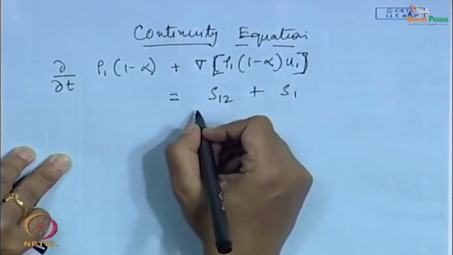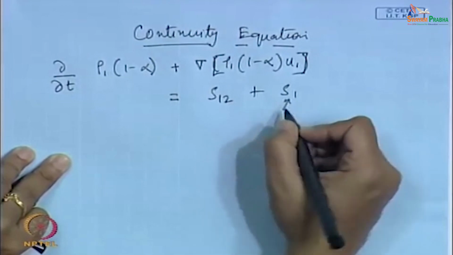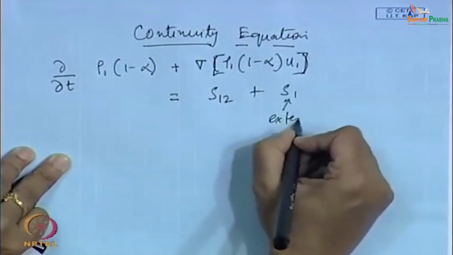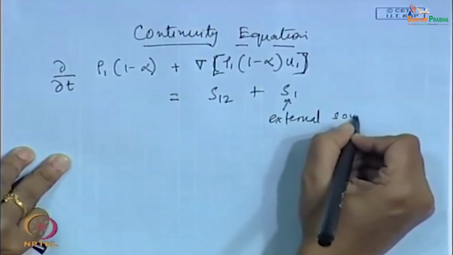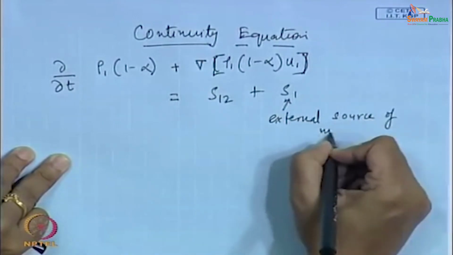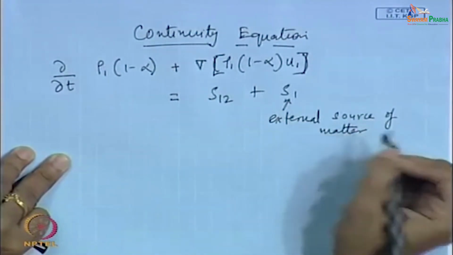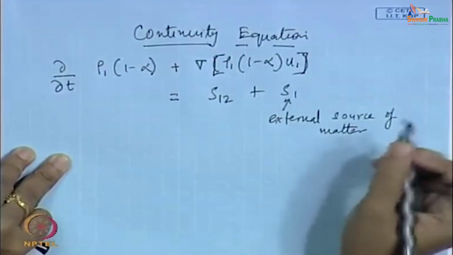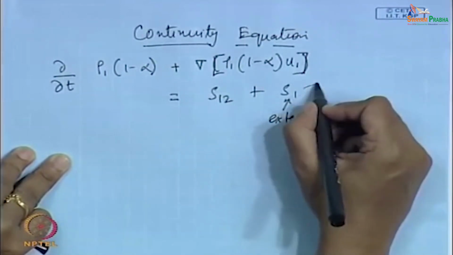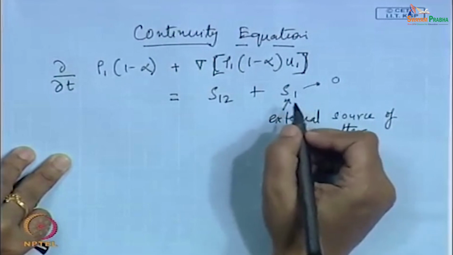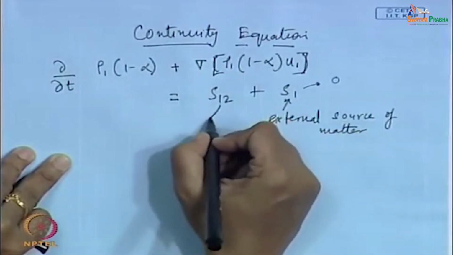Now, what is this S 1? This S 1 is the external source of matter. Suppose some particular amount of phase 1 is entering the channel other than the flow condition. Usually this term can be taken as 0. And what is S 1 2?